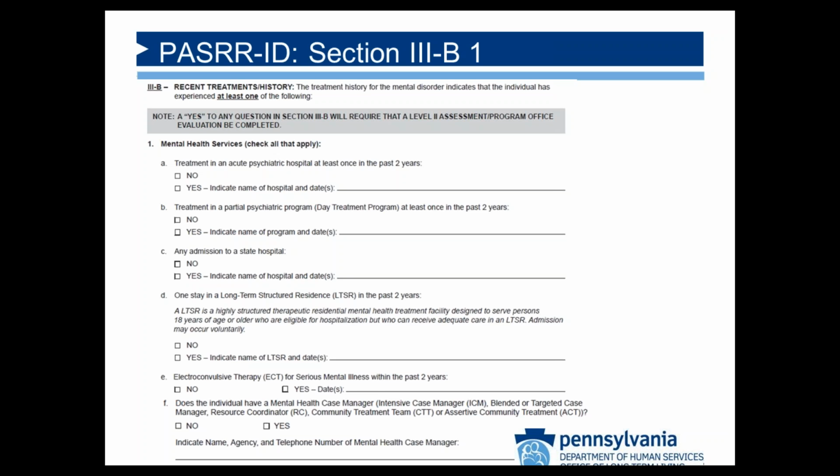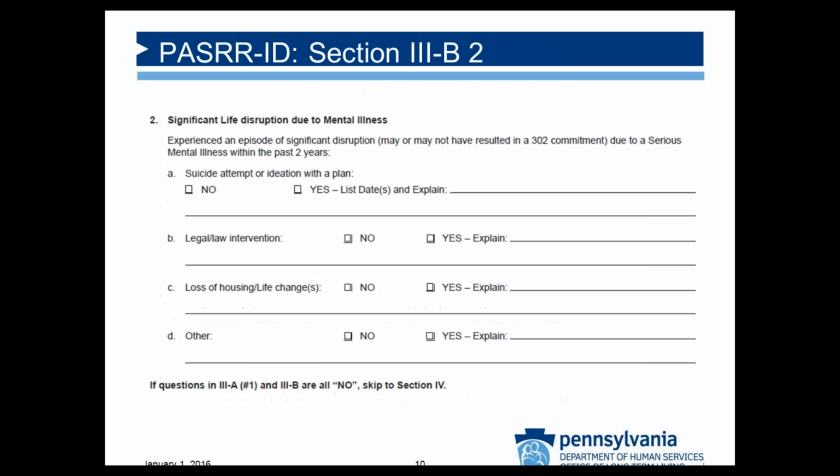Those with a major mental illness could have some of this significant life disruption as well, like a suicide attempt or ideation. There may be some legal or law intervention that has occurred. Remember, it's for the serious mental illness, loss of housing, life changes, those kind of things going on.